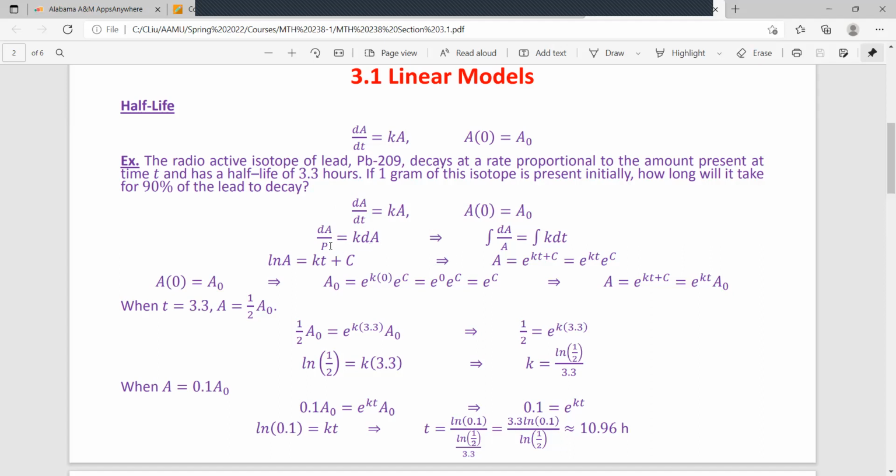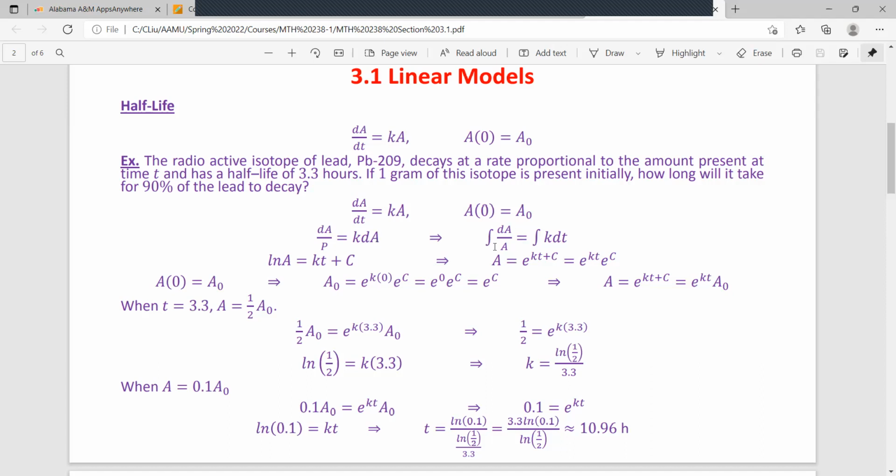So dA over A, it should be A, not P. I'm sorry, that's a typo here. So that's equal to K dt.